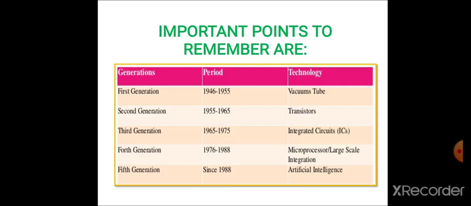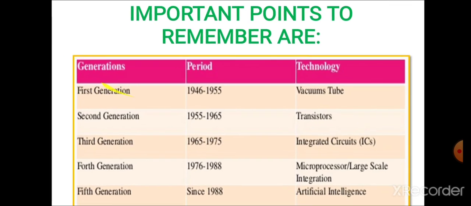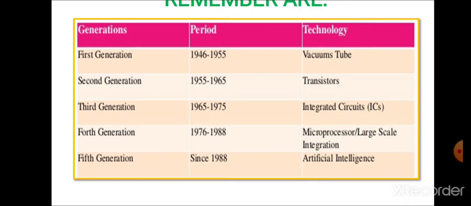Now let us go through the important points which we have to remember for this lesson. Here we have 5 generations of computers: first, second, third, fourth and fifth generation, along with the time period in which these computers were used and the main component or technology used. The first generation of computers, the main component is vacuum tubes.